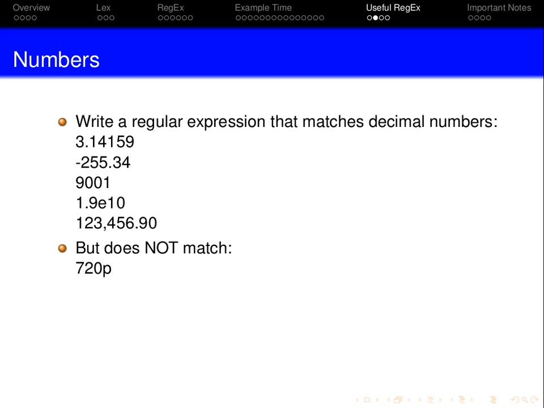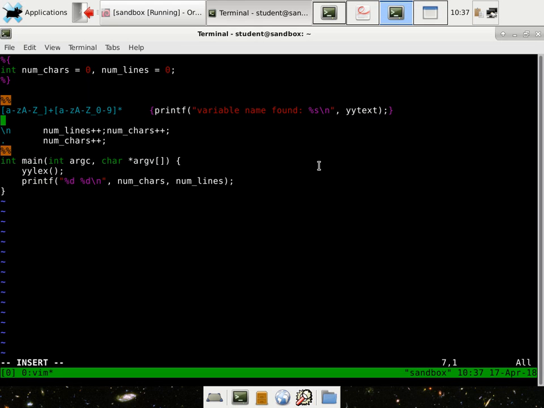I'm saying it matches decimal numbers. I'm giving you examples of decimal numbers to help you review, but I'm not telling you the whole list of things. So it needs to be able to match those and not see variable names. It also starts with an indefinite amount of numbers. Okay, so let's start there. That's a good place to start. It is good to at least build them up. So let's start with 0 through 9.